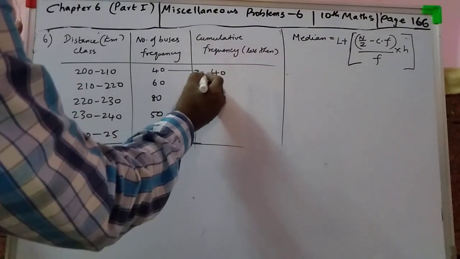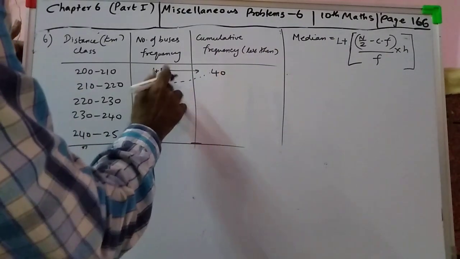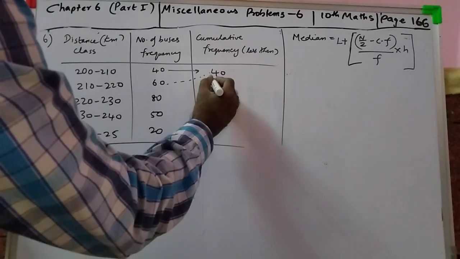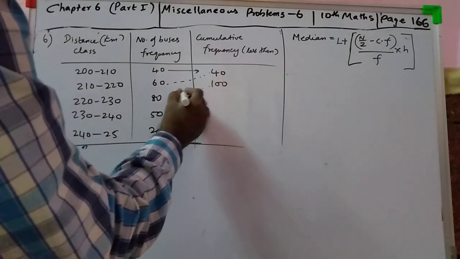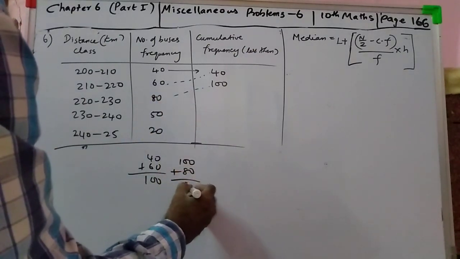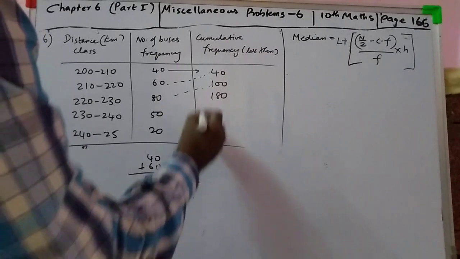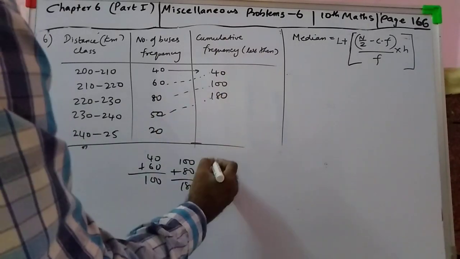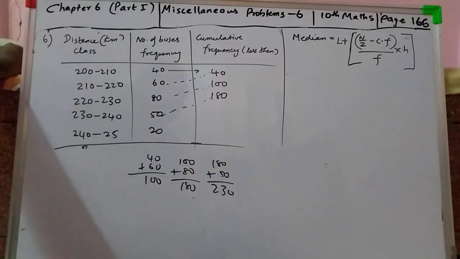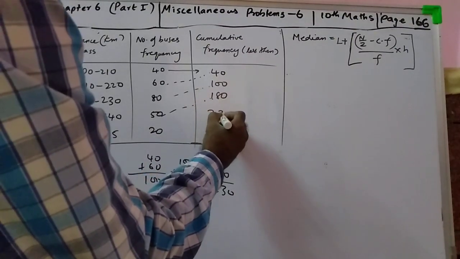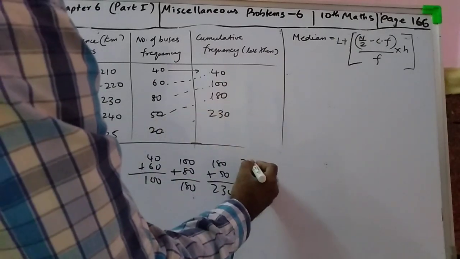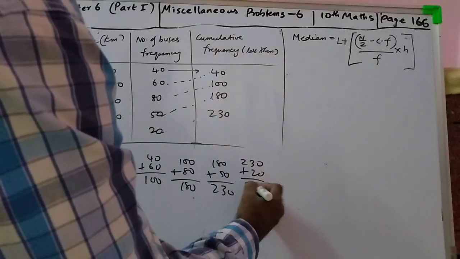40. 40 plus 60. 100 plus 80. 180 plus 50, you will get 230. This 230 plus 20 is 250.